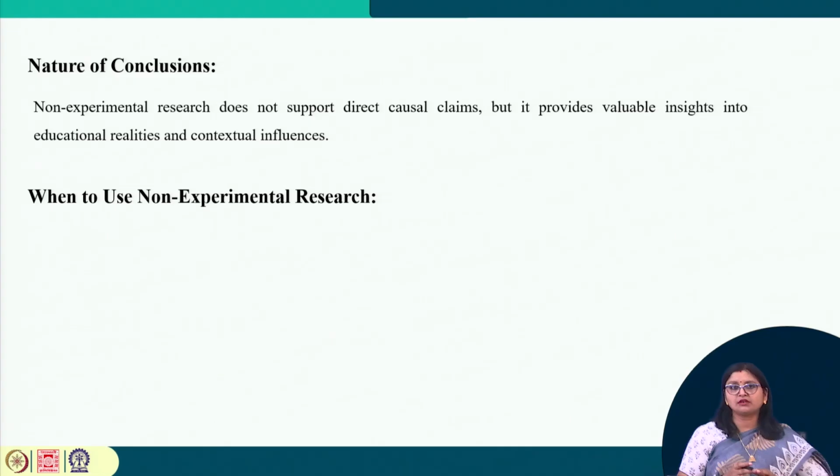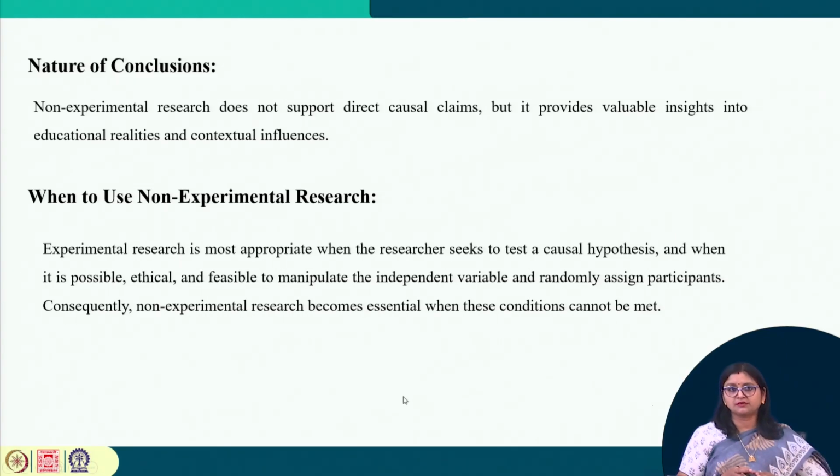When to use non-experimental research? There are some conditions. Experimental research is most appropriate when the researcher seeks to test a causal hypothesis, and when it is possible, ethical and feasible to manipulate the independent variable and randomly assign the participants; then you can proceed with the experimental.